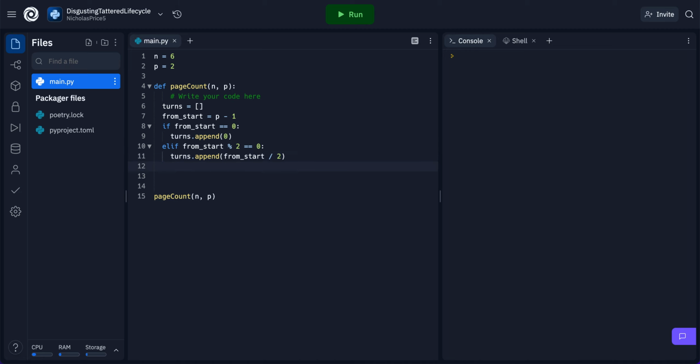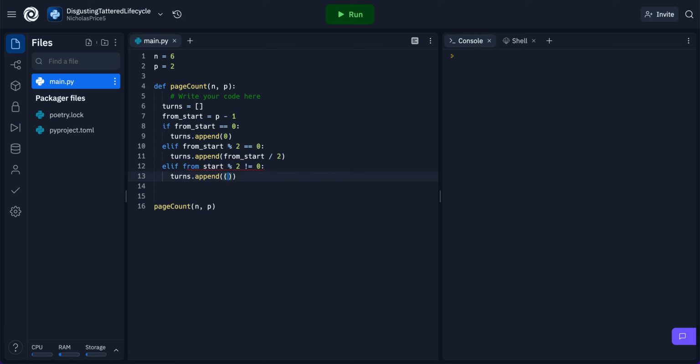And then what's our other statement? If from start modulo 2 bang equals 0, turns dot append, and what's going to be different here?